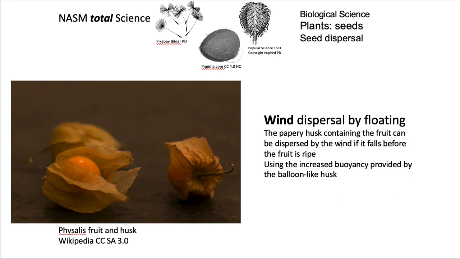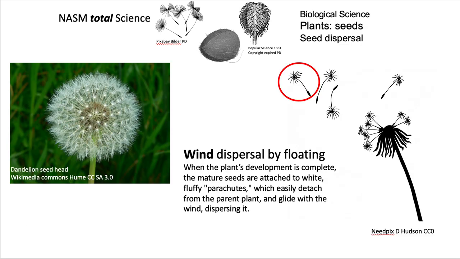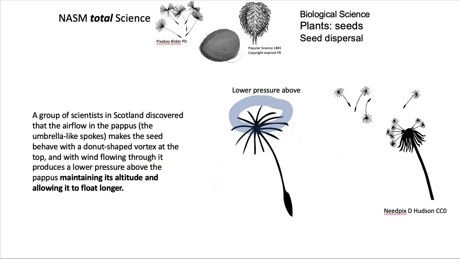And then a method where there's a papery husk, and so you get a balloon-like effect which holds the seeds and transfers it along. And then the parachute type, by floating, the dandelion, and these fluffy parachutes, and they're single seeds, not the whole ball of the dandelion flower when it's turned to seeds.